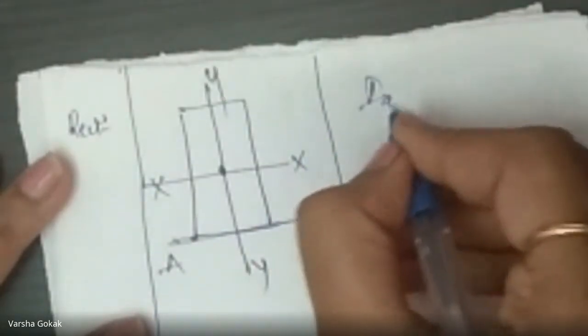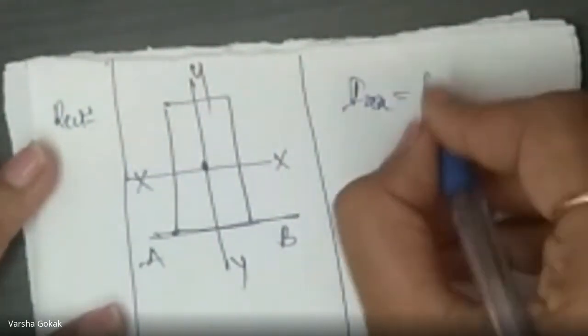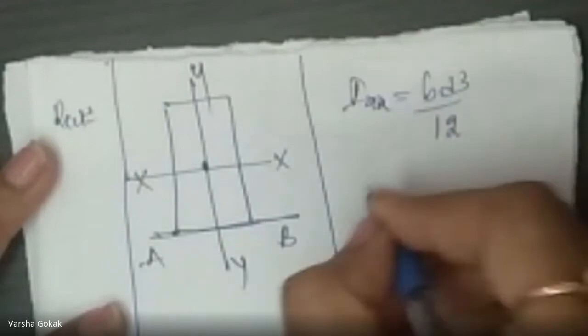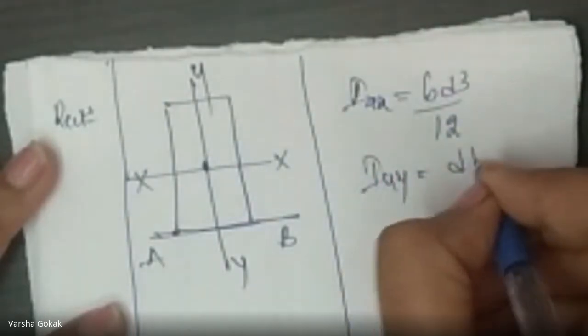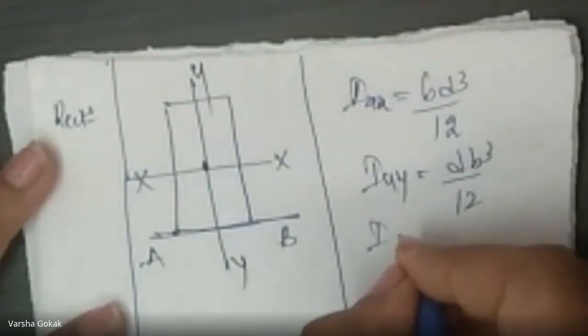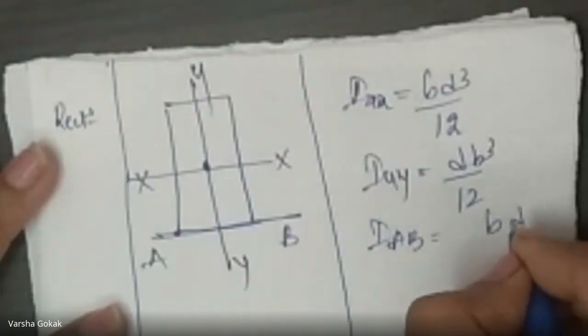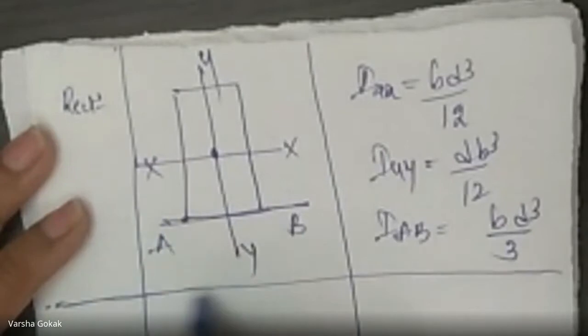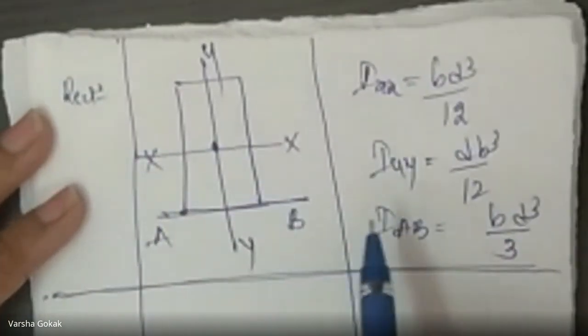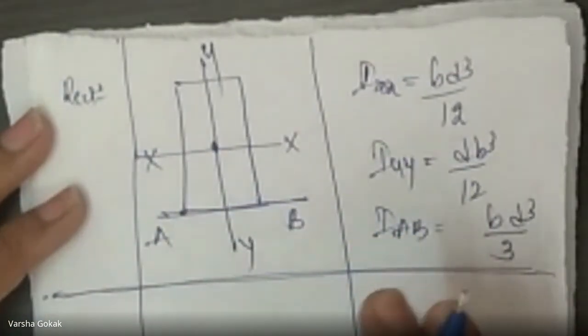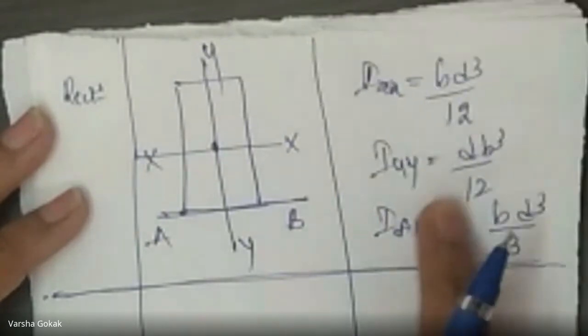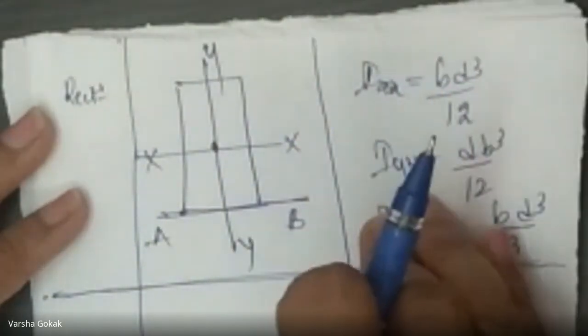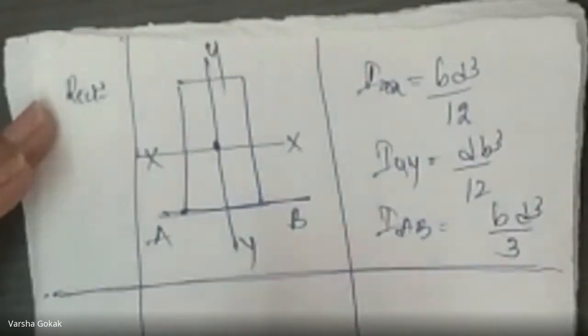So Ixx, we got BD cubed by 12. Iyy, we got DB cubed by 12. And IAB, we got BD cubed by 3. Right? You also make a chart like this in your books on a paper and keep it handy when we solve the numericals. Till you get used to these equations, it is very important. So you also write all the formulas on one page.